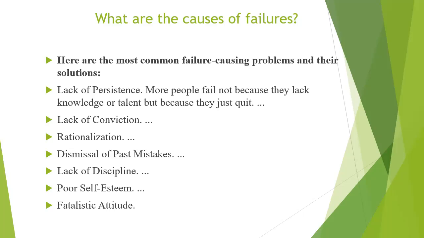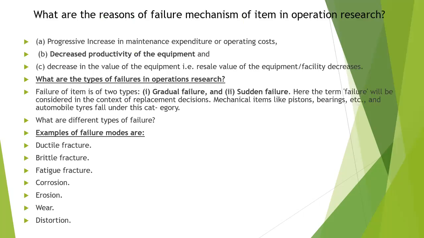Their attitude makes the owners or the companies replace their employees. If we see what the reasons of failure mechanism of items in operation research are, then progressive increase in maintenance expenditure or operating cost, decreased productivity of the equipment, and decrease in the value of the equipment.